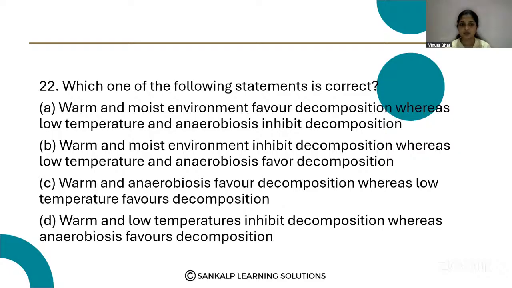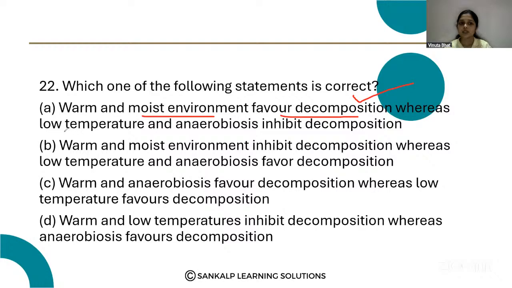Question number 22. Which one of the following statements is correct? Option A, warm and moist environment favor the decomposition, whereas low temperature and anaerobiosis inhibit the decomposition. Look, a warm and moist environment favors the decomposition. That is correct.